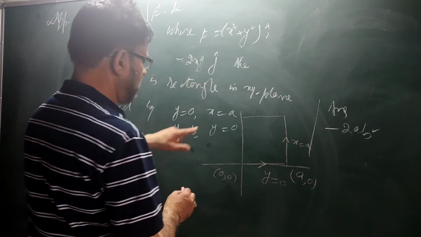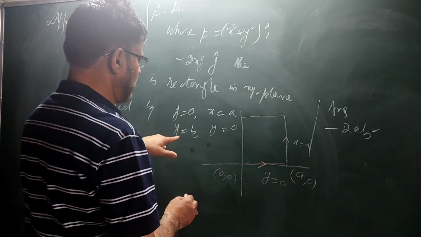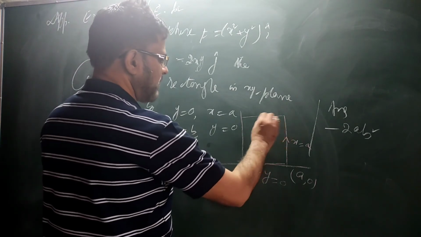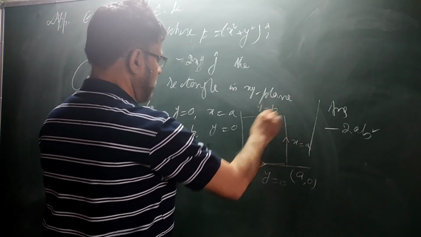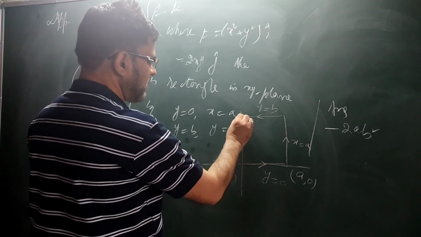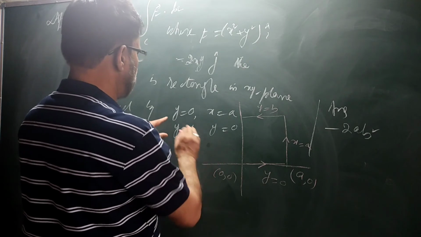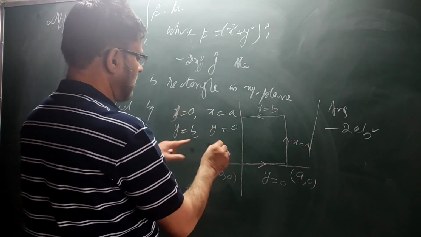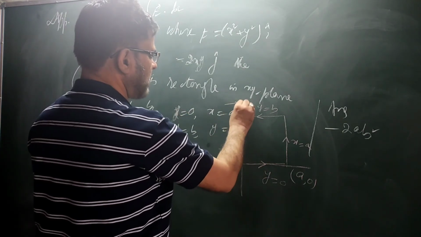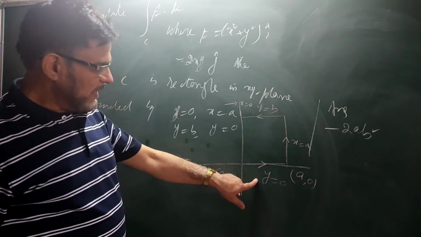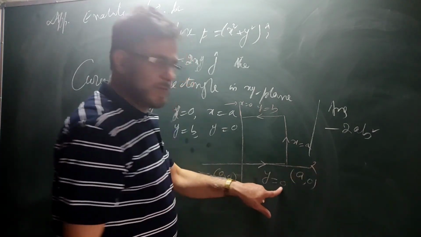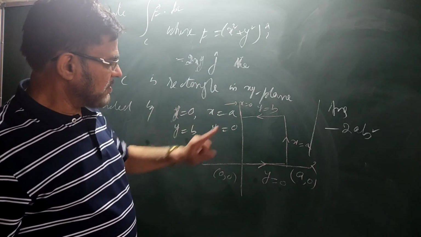Now x = a is one equation, y = b is another equation, and x = 0 is the equation of the y-axis, while y = 0 is the equation of the x-axis.